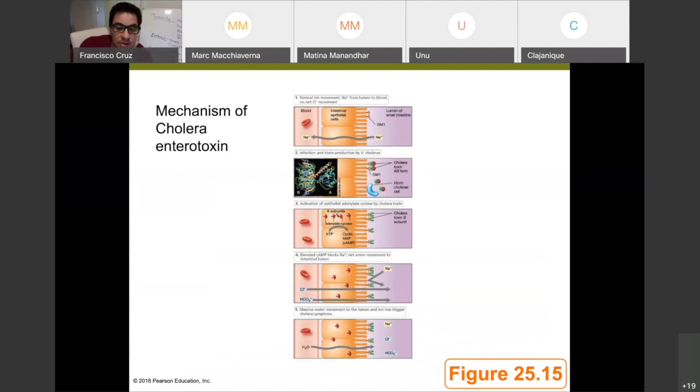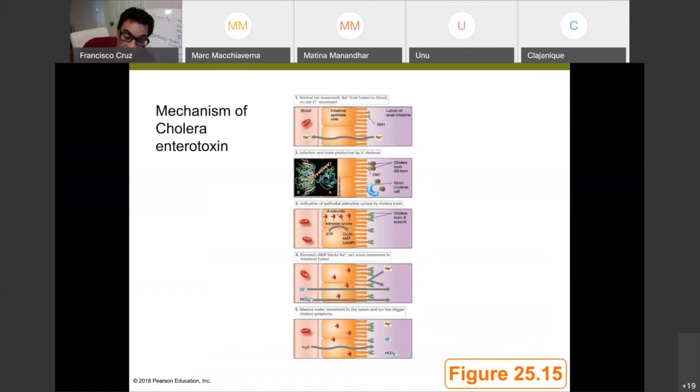These A subunits activate adenylate cyclase. If you remember before, we were talking about E. coli, the lac operon, adenylate cyclase makes cyclic AMP. Anyway, the A subunit activates adenylate cyclase. That makes more cyclic AMP.